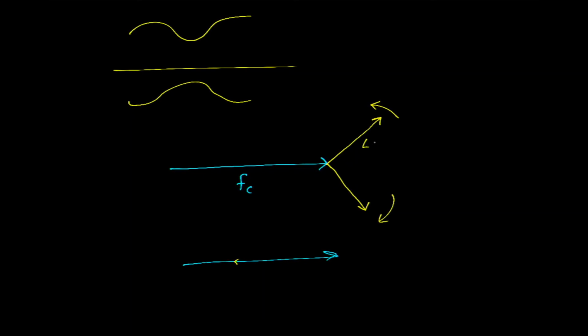Sometime later, our lower sideband and our upper sideband have swung round such that they add to each other. At that point, we'll end up here in the time domain. We'll end up at our V max. Anyway, I thought you'd appreciate that, as we can talk about phasors in relationship to communications.